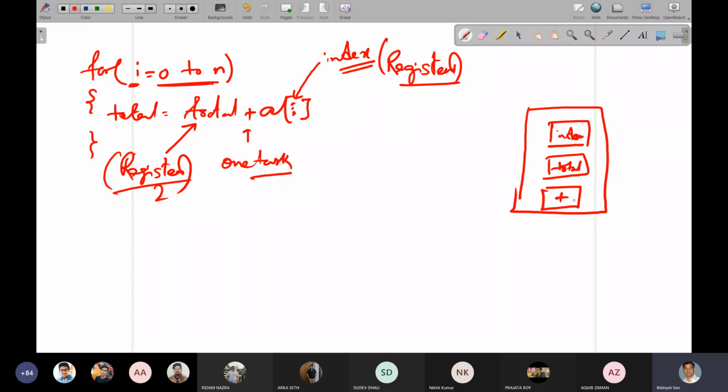Here it will be plus. One functional unit is a plus. Clear? That means no full ALU is required, only an adder is sufficient. An ALU performs multiple arithmetic operations and is used in processors.